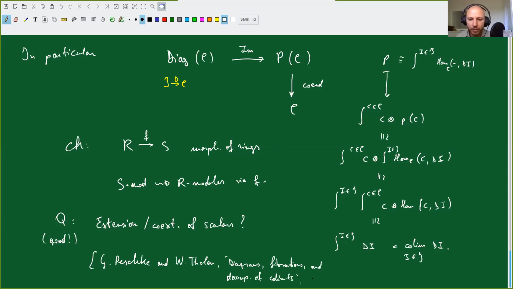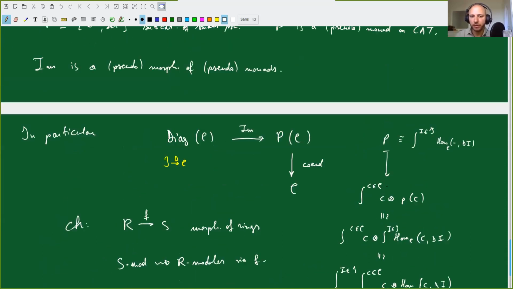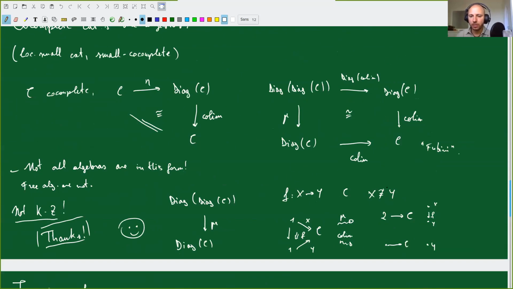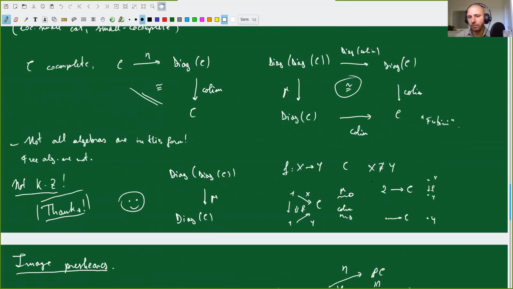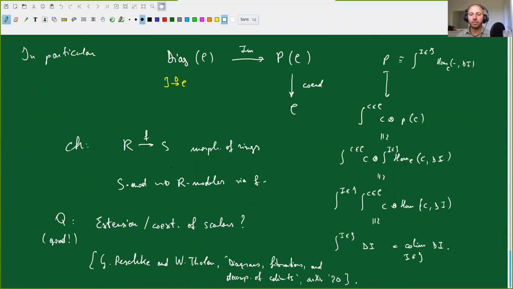It's a preprint on the arXiv of this year. So in particular, they explain very well this diagram right here. They figure out a lot of properties of limits and colimits in the category of diagrams. So I suppose that's the way to construct extensions and coextensions. But yeah, I haven't done it. That's a good question, actually. It's interesting. I don't know what that would give.